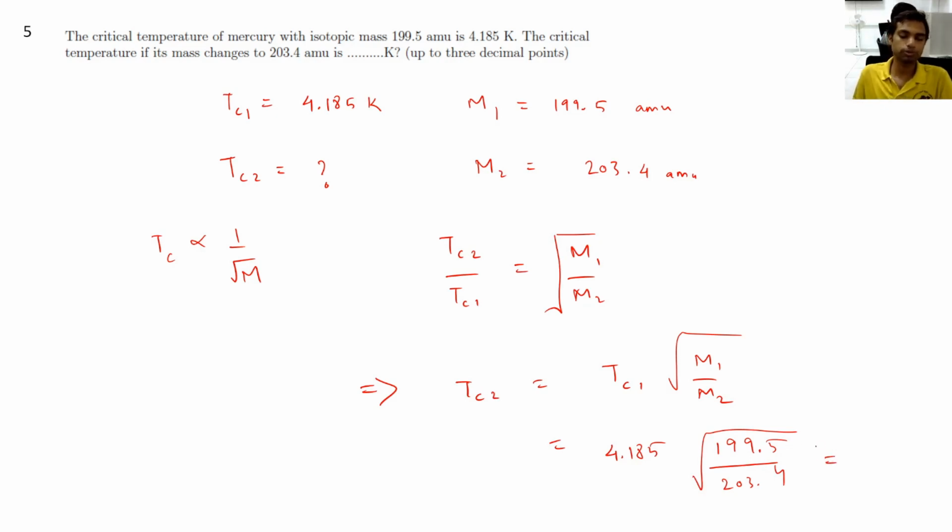Whatever value you get from here would be the critical temperature if its mass changes. So let us quickly calculate that.